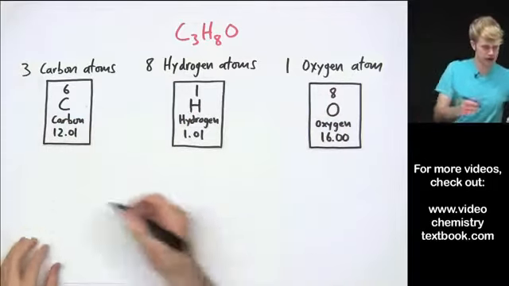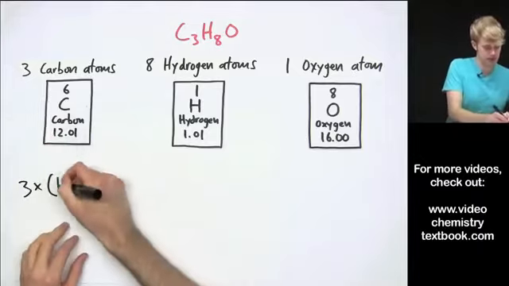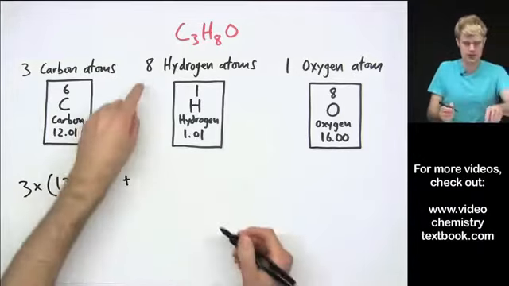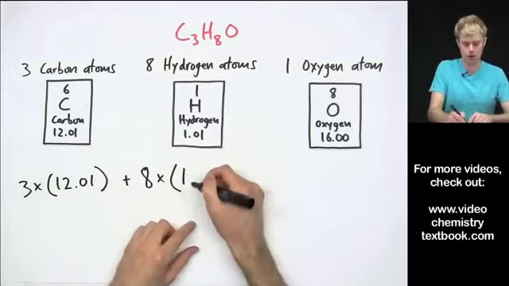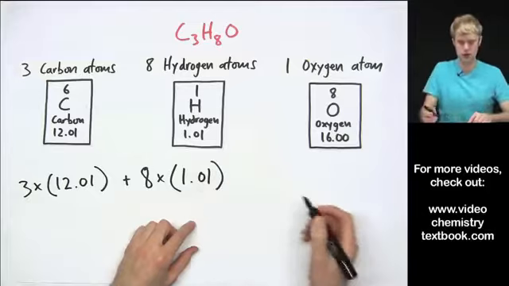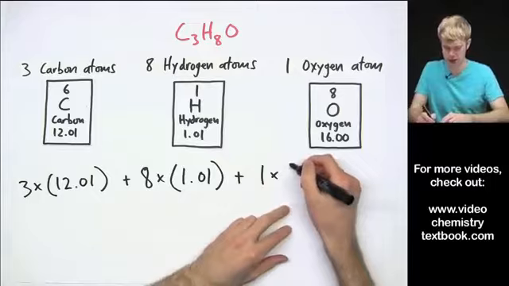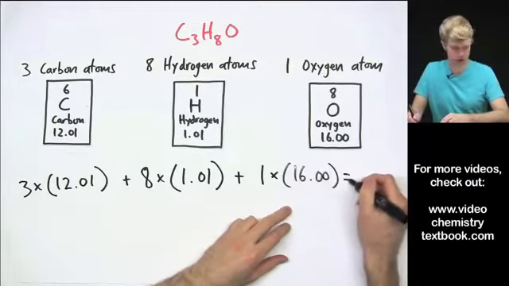Now, we add up the weights of these atoms, keeping in mind how many of each atom we have. So we have 3 carbon atoms, so we're going to do 3 times how much carbon weighs, 12.01, plus 8, because we have 8 hydrogen atoms, times 1.01, which is how much hydrogen weighs, plus 1, because we only got 1 oxygen atom, 1 times 16.00.